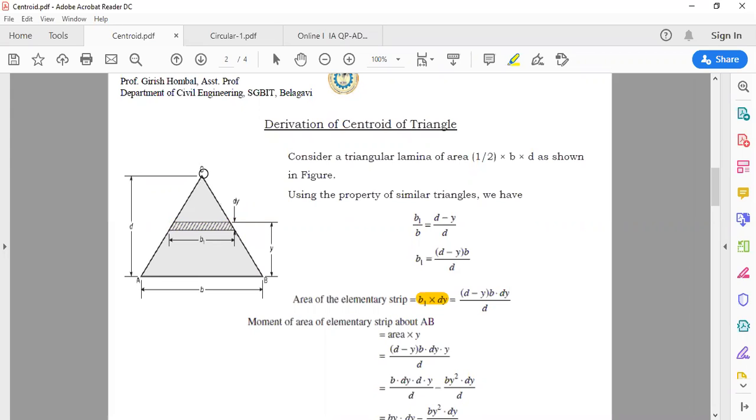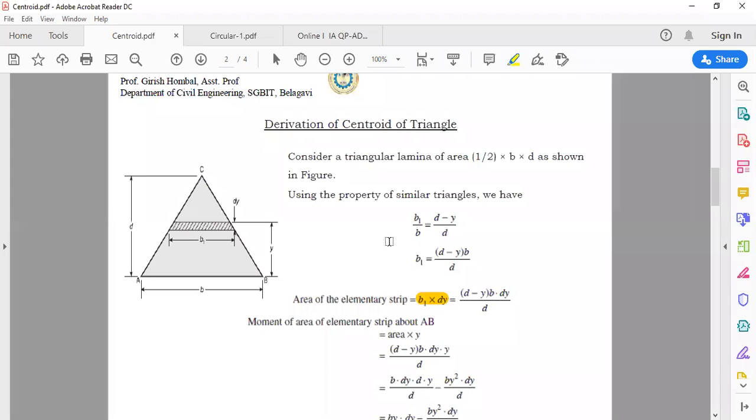So width is B1, height of this is D minus Y. Why D minus Y? Because total is D, from which you are supposed to deduct Y. So it is B by D is equal to B1 by D minus Y. After rearranging, you will get B1 by B is equal to D minus Y by D.